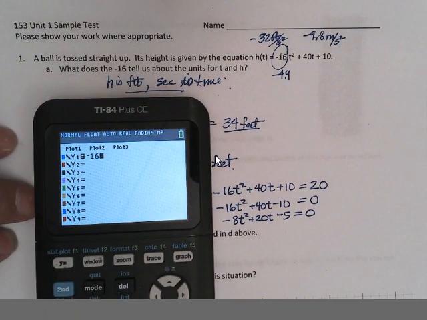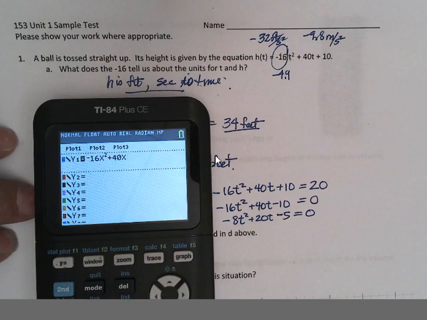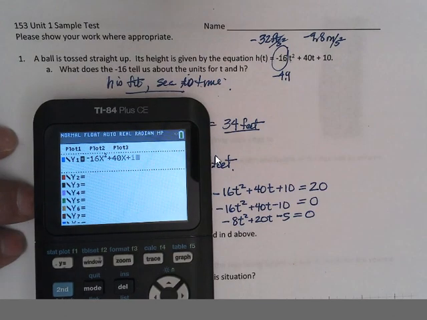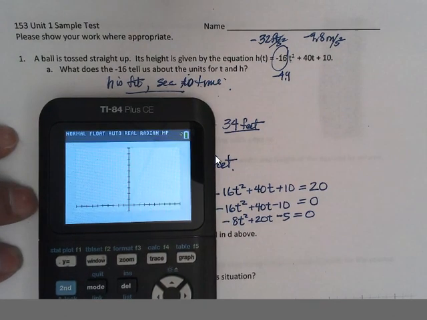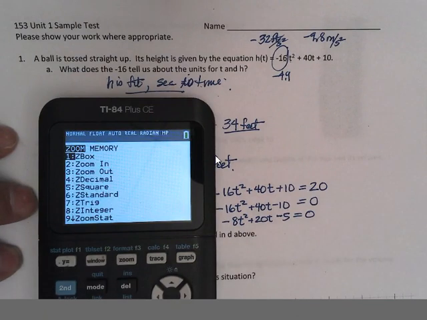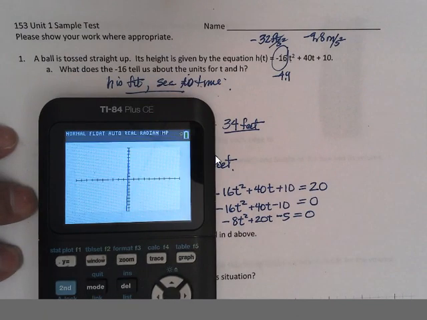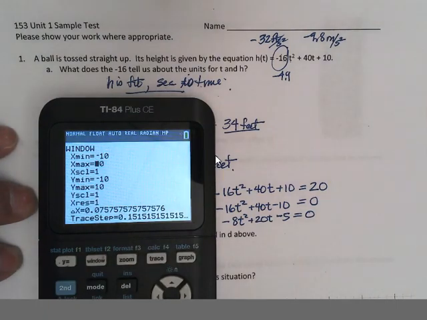Negative 16x squared plus 40x plus 10. Okay, and if I had Zoom 6, the normal one, it would go off the screen. So to see up there, I would have to make the y values higher.